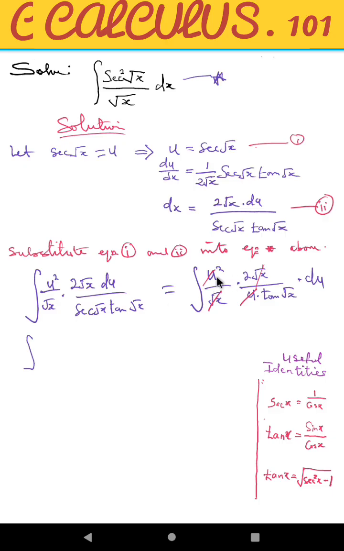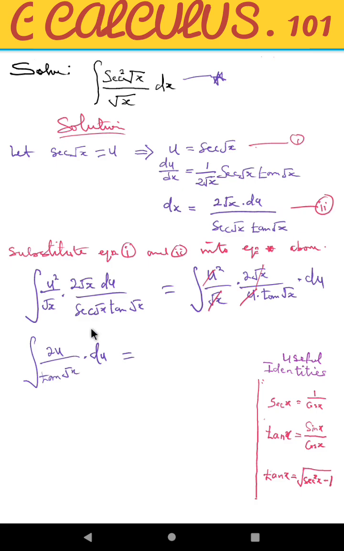That u times 2 gives me 2u, and then for the denominator I'm left with tan root x, then du.